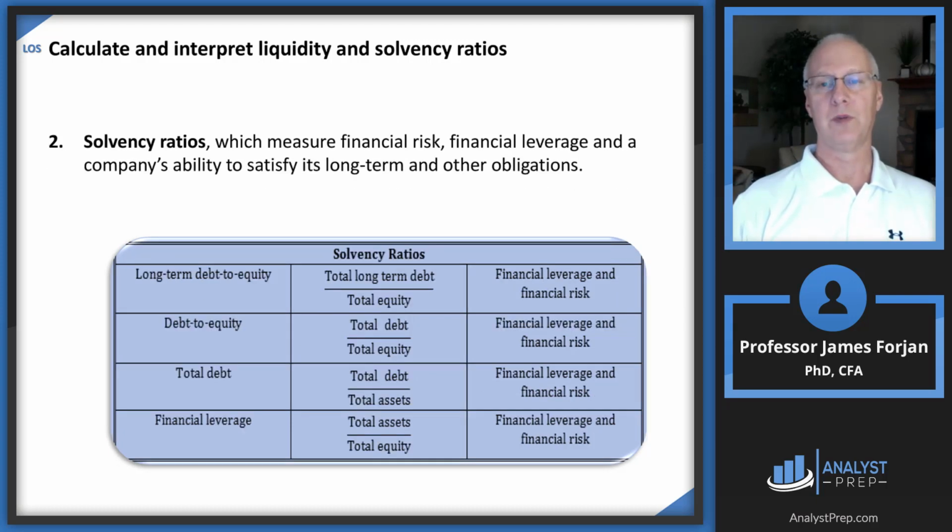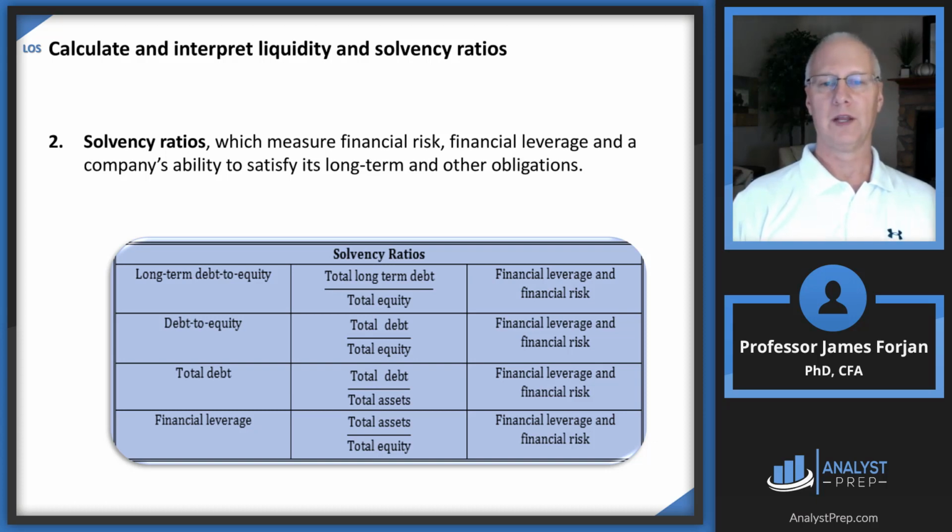Solvency ratios, which measure financial risk, include things like, notice some of those formulas, total debt, long-term total debt, total assets, or total equity. So the measures here compare long-term sources of capital versus total assets. The risk if these solvency ratios are too high is, of course, bankruptcy.